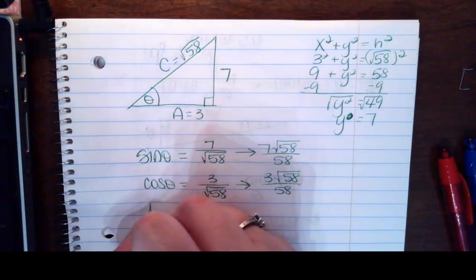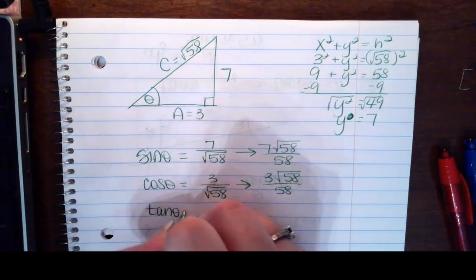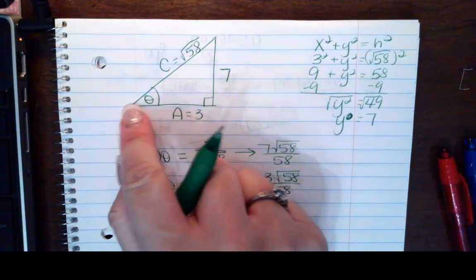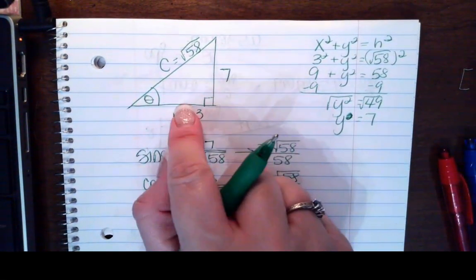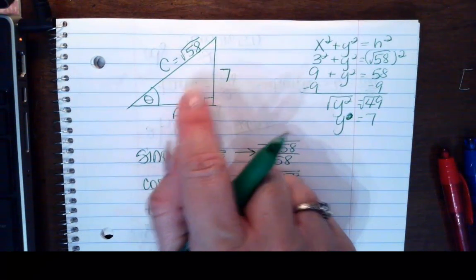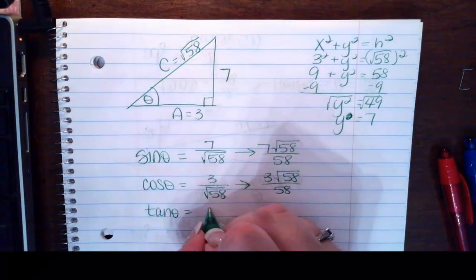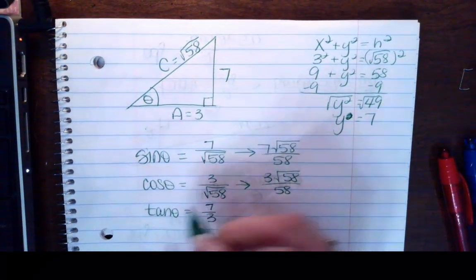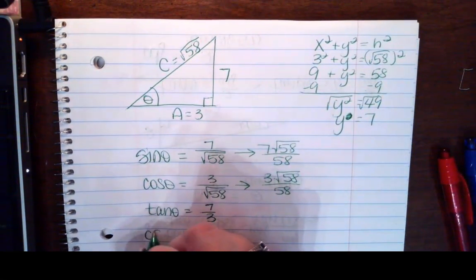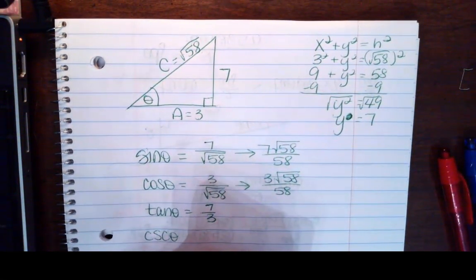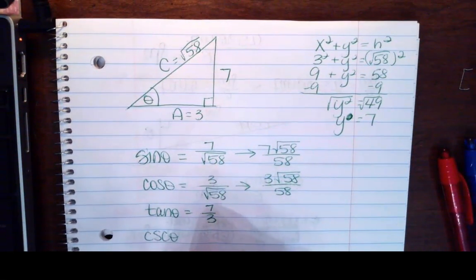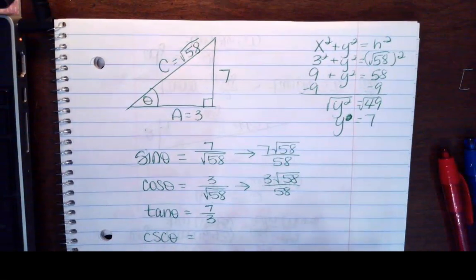I know that the tangent of theta is opposite over adjacent. So opposite over adjacent will give me 7/3. And now the rest of these, cosecant theta, secant theta, and cotangent theta, are just going to roll on out.